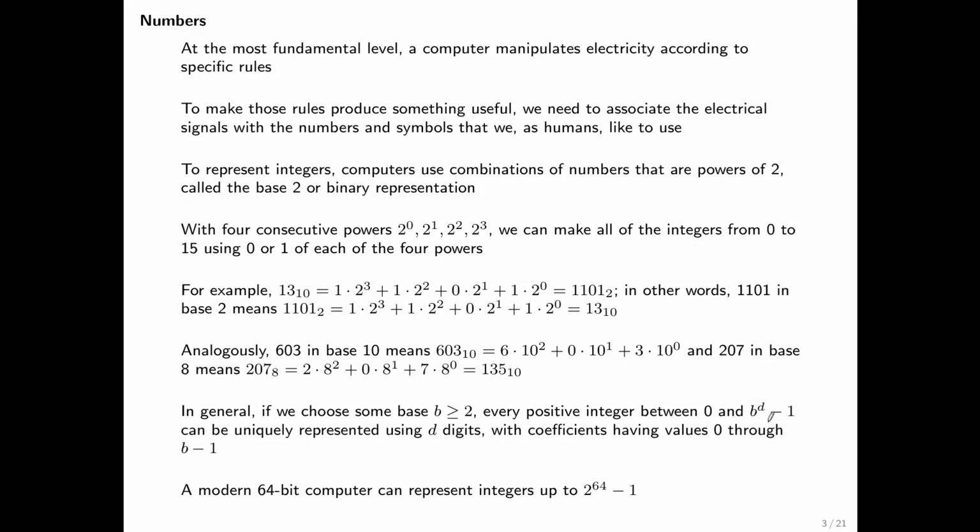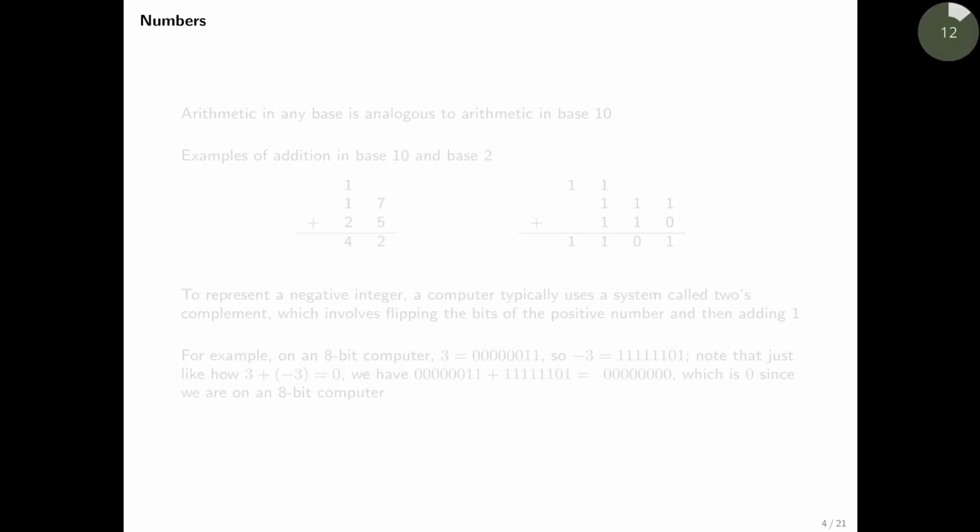So according to this rule, the largest number that you can represent is b, which is 2 here, to the power 64 minus 1. All right, and that's a pretty big number. So you can work with very large numbers on a modern day system. Okay, so that's how we represent an integer, or at least a positive integer, on a computer.